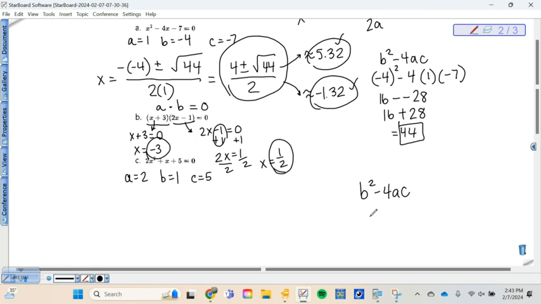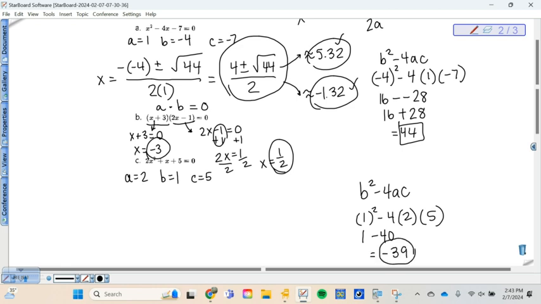So b squared is 1 squared minus 4 times 2 times 5. What's 1 squared? And then 4 times 2? And 8 times 5? What's 1 minus 40?